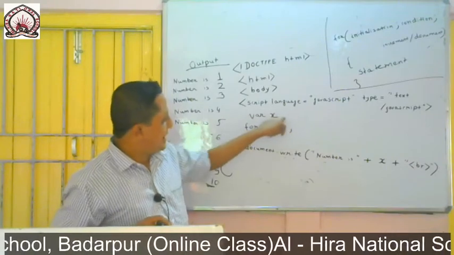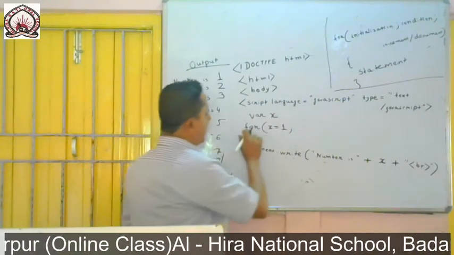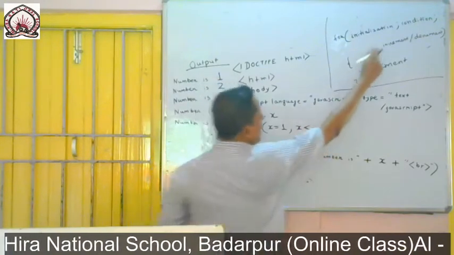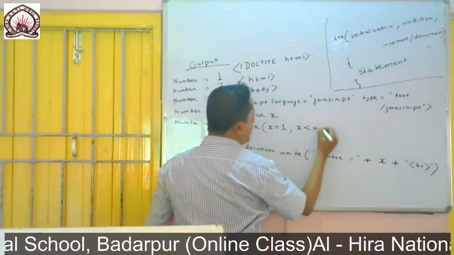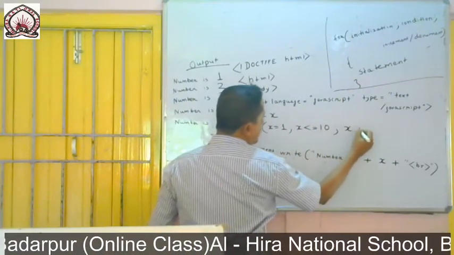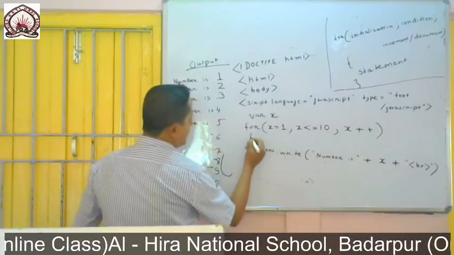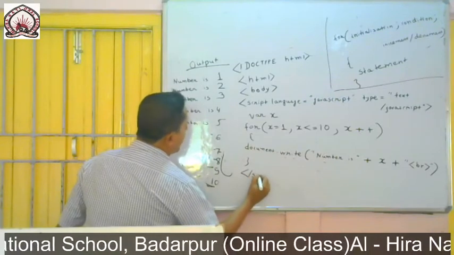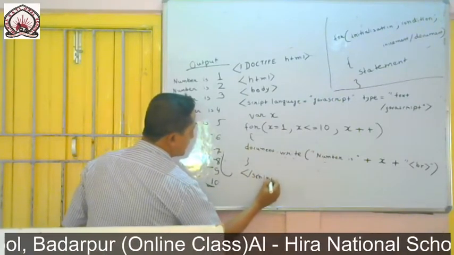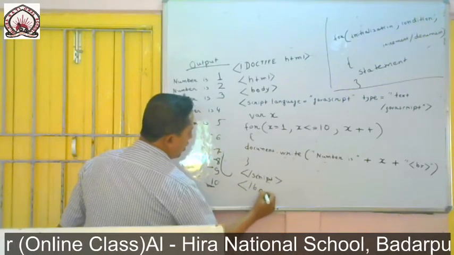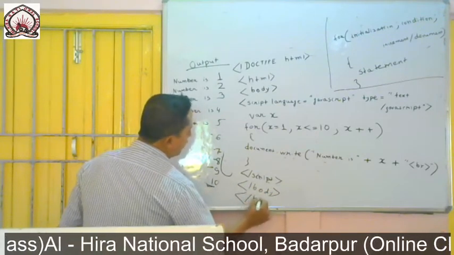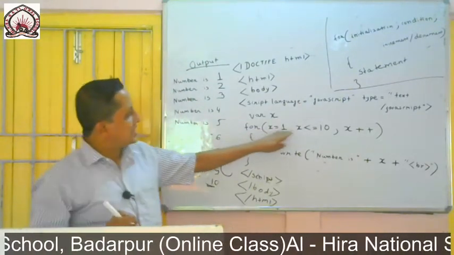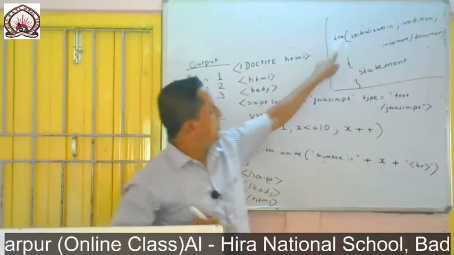Here I am taking the initialization inside the for loop. For x is equal to 1, then the condition x less than or equal to 10 semicolon x plus plus. Finished. Up to here. Then we'll close the script, then close the body and then the HTML. Here the initialization, condition and increment or decrement are all inside a common bracket.